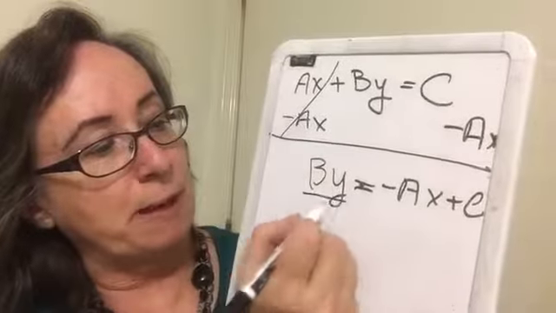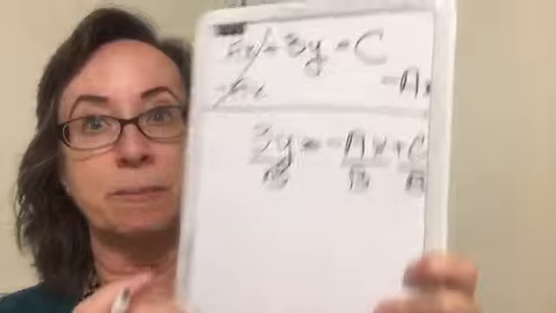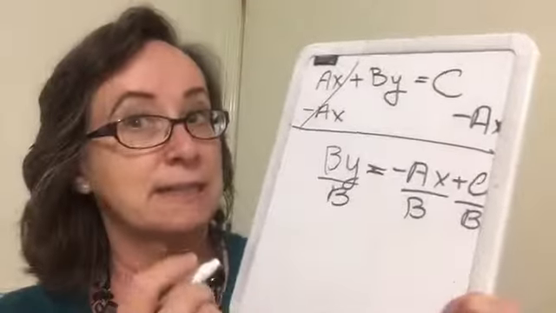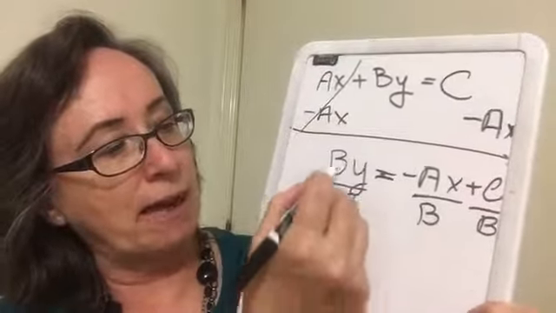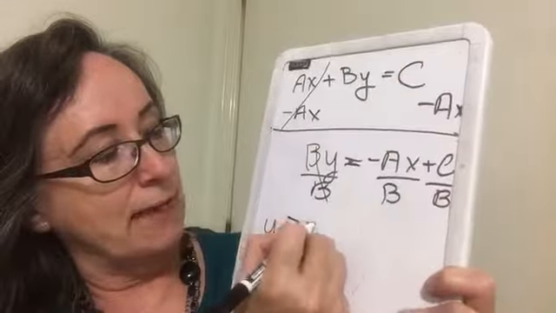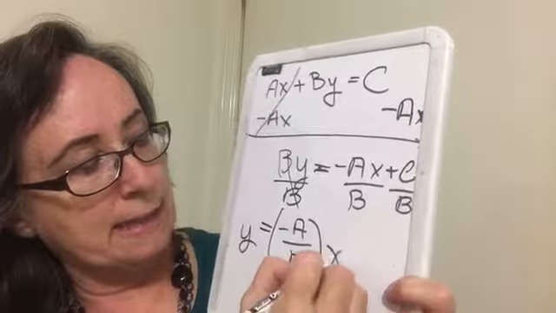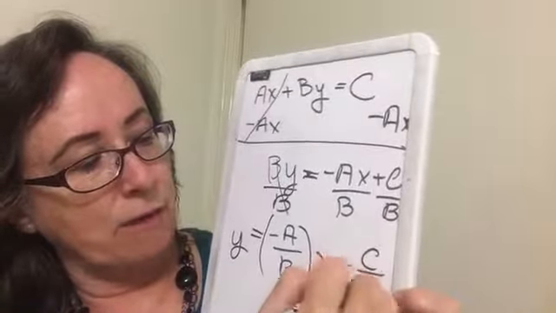So I'm going to divide by the b, and divide by the b, and divide by the b. And lo and behold, I have it in slope-intercept form. Because here I just have a y equals. And then I have -a over b x plus c over b.